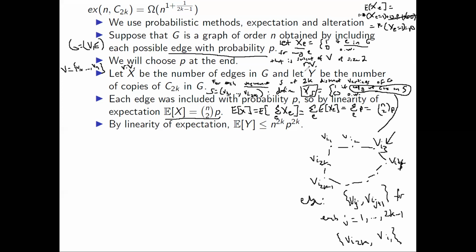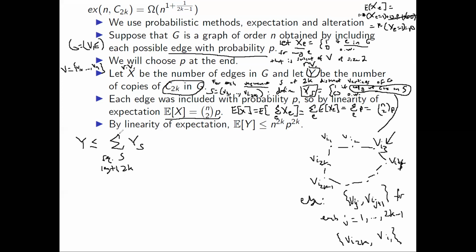And Y, right here, Y is the number of copies of C2k in G. So I claim that Y is going to be less than or equal to the sum over these sequences S of length 2k of the YS's. I just want to emphasize they're sequences, not subsets. Every possible copy of C2k in G is going to be counted by one of these YS's. So the copy will contribute 1 to one of the YS's.